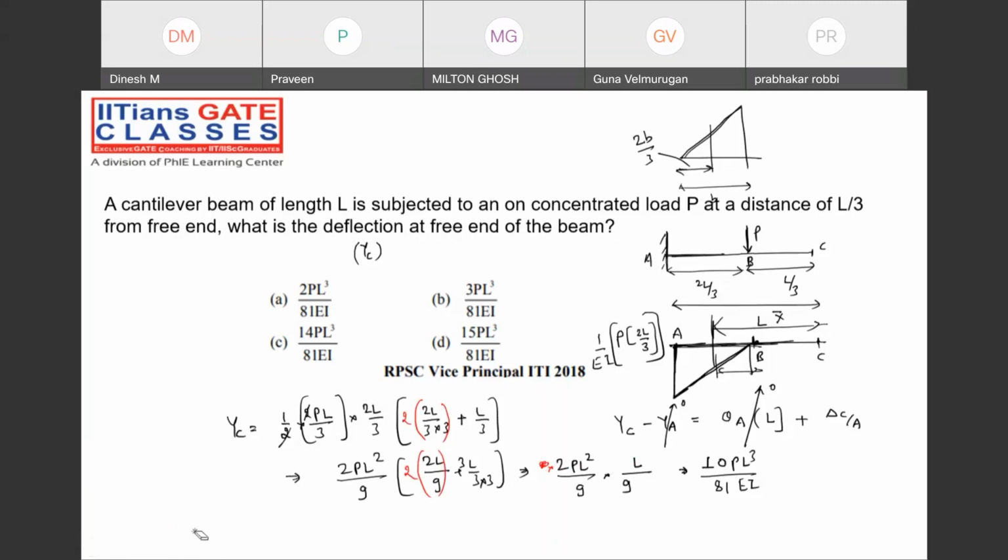It will be 9 plus 3, 12, right? So this will be 14.